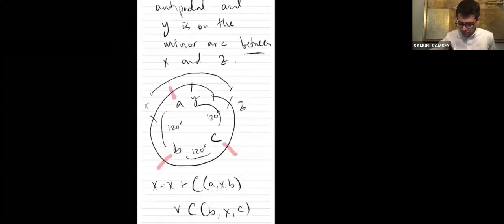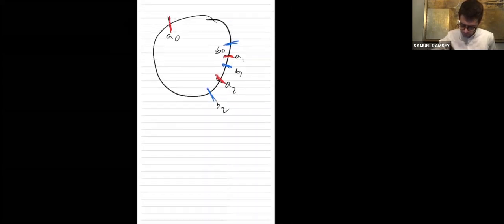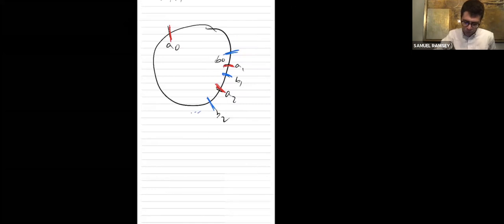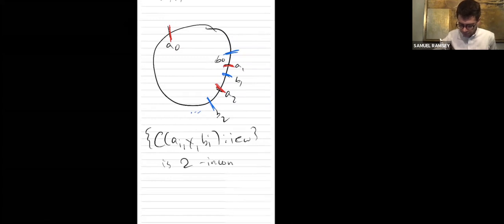You can form an indiscernible sequence like this. And if you do that, then you'll see that C(x; A_i, B_i) for i less than omega is inconsistent.